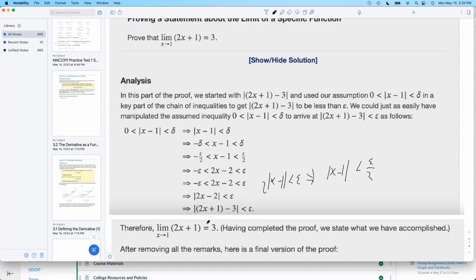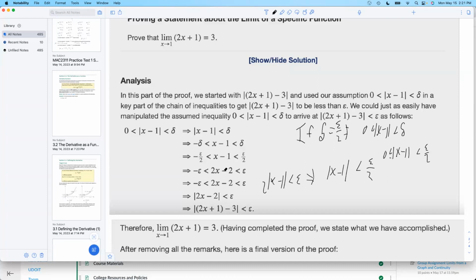So we just kind of worked backwards from where we want to end up. Well, then that means as long as I choose delta to be this number or smaller, if delta equals epsilon over 2, that would imply that if my distance between x and 1 is less than delta, then the distance between x and 1 would be less than epsilon over 2.